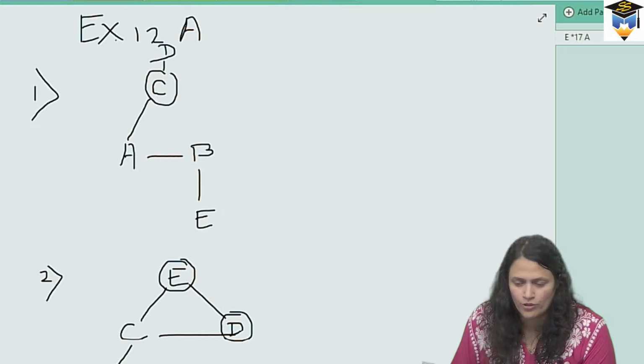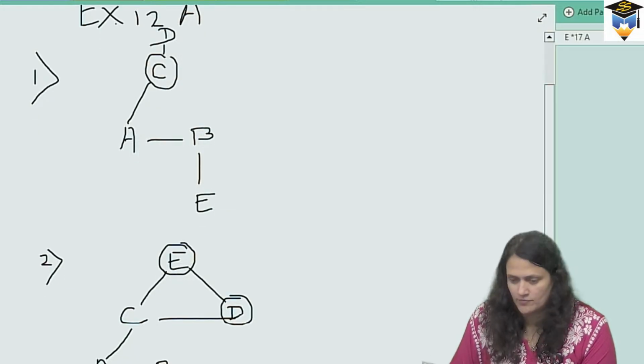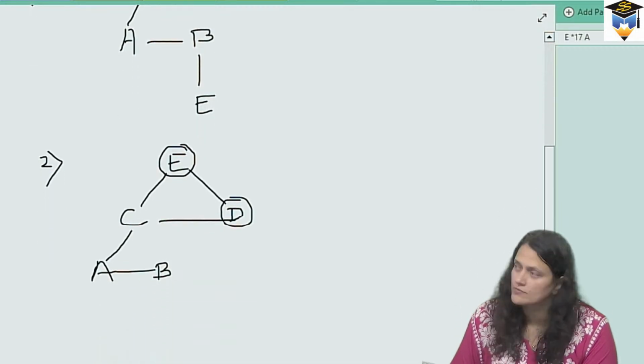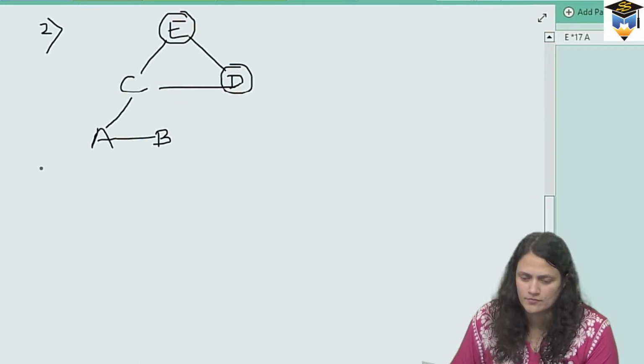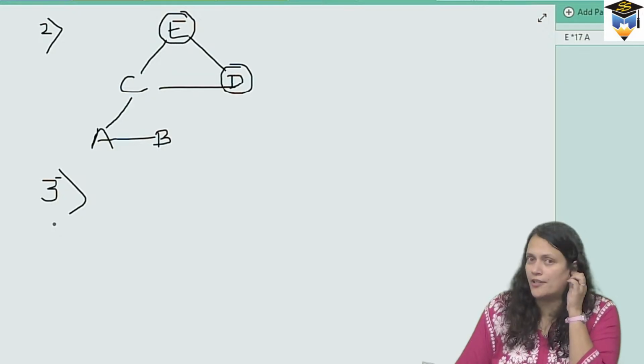Now let us go to the third one. How are B and E related?